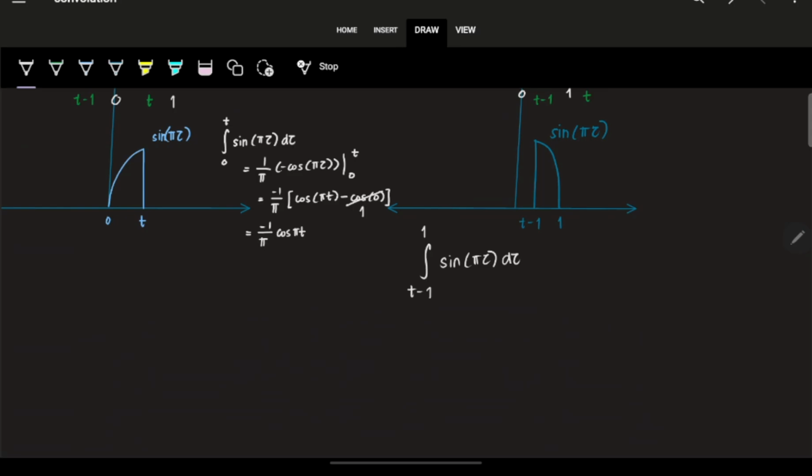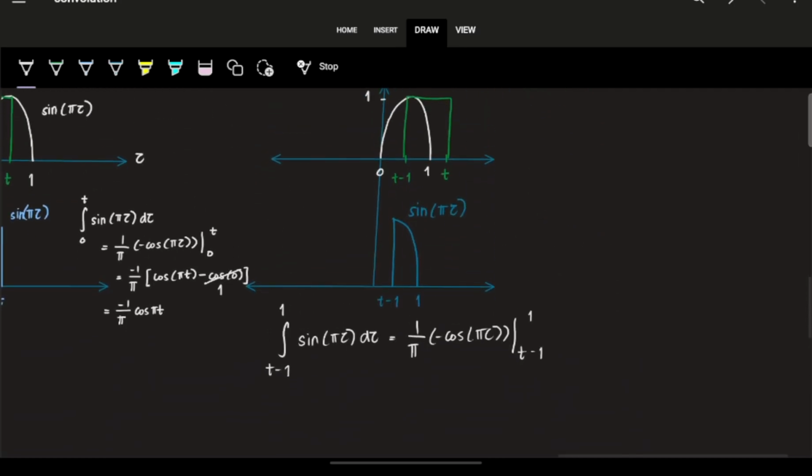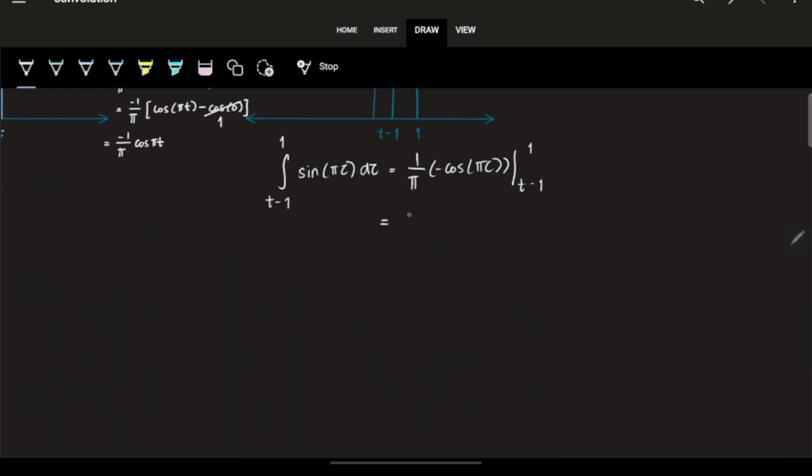Okay, so let's solve this integral. So this is 1 over pi of negative cosine of pi tau, evaluated from t minus 1 to 1. So we have 1 over pi. This is cosine of pi.